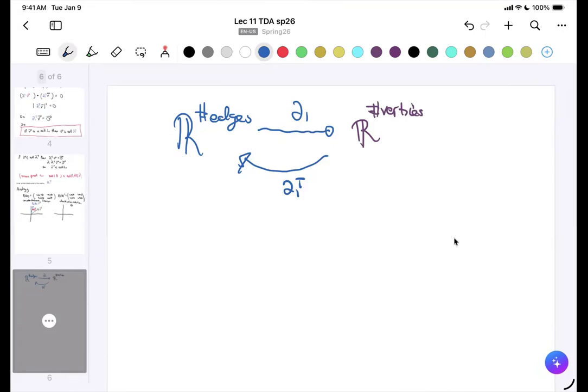Because these are linear transformations or matrices, you only have to understand what they're doing on a basis vector. Once you know what it does to a particular basis vector, by linearity you know what it does on the entire vector space.